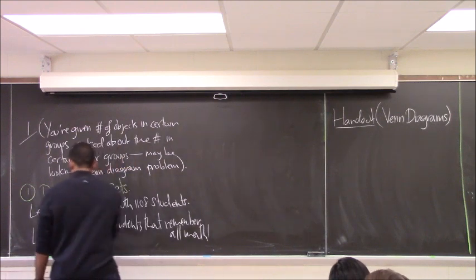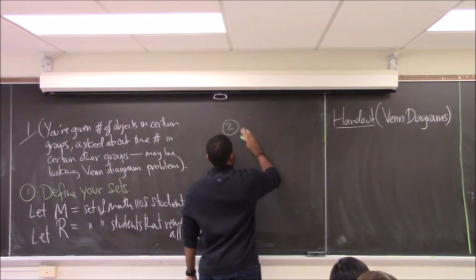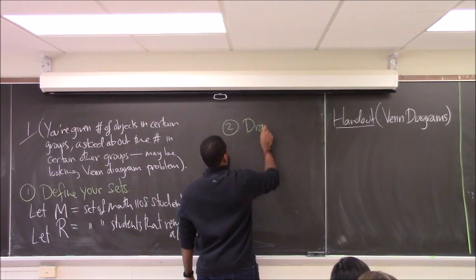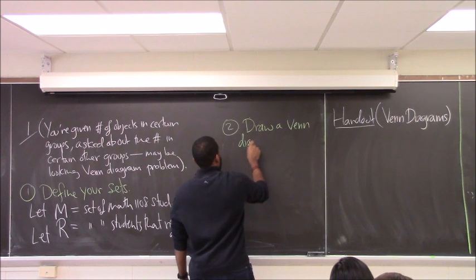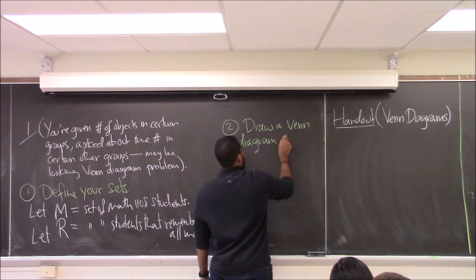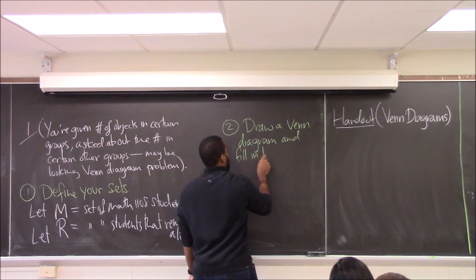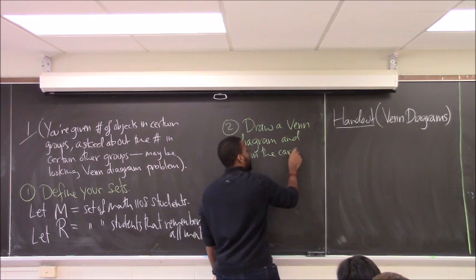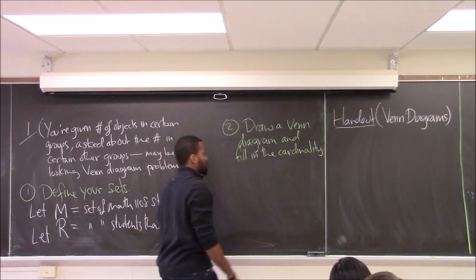And then step 2, draw a Venn diagram and fill in the cardinalities. Remember, cardinality is just a fancy name for the number of things in a set, like the size of a set.